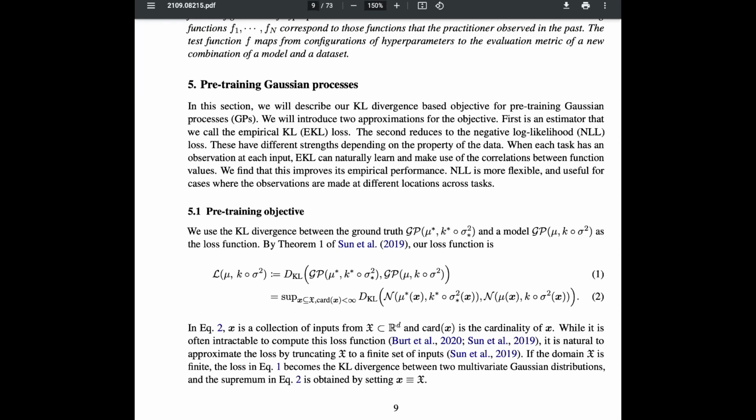Yeah, so there are quite a few approximation steps that we took. First, yes, you need to have a finite X, because otherwise we can't really compute it. And second, we need to somehow approximate the underlying ground truth with data.